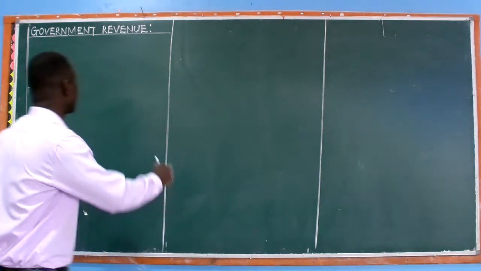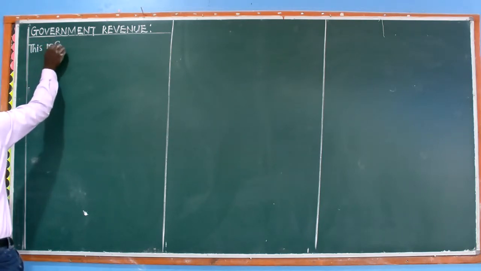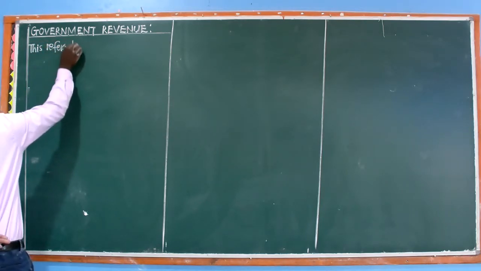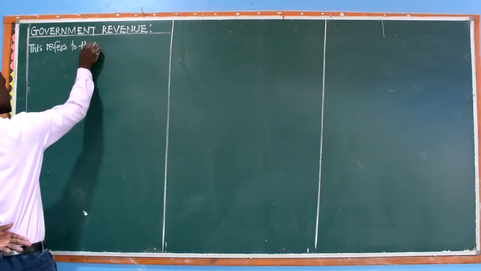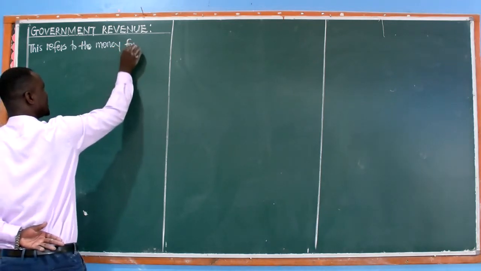So, in simple terms, we can say government revenue refers to the money for the government.